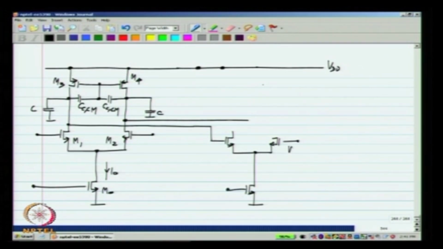This is one of the differential pairs, and this is the other differential pair.